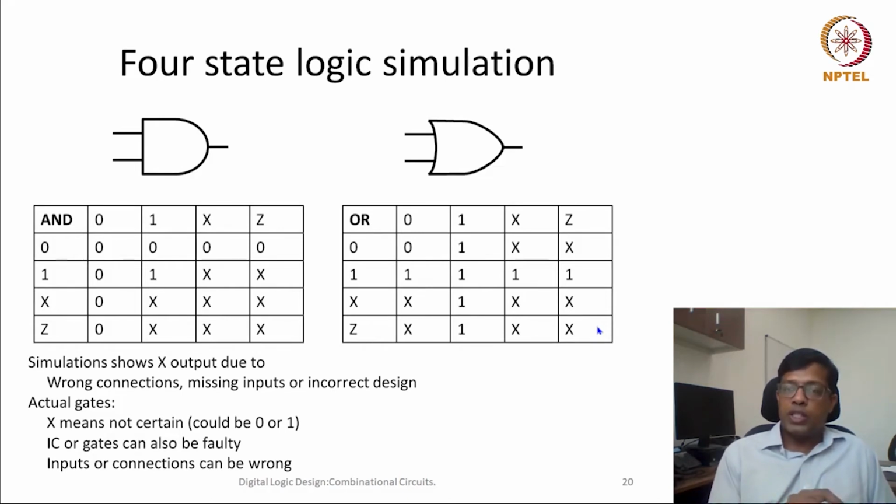Because we don't know whether it is 0 or 1, a large current is drawn from these 2 wires that are getting connected, that are getting short circuited. Okay, so it can lead to faults, it can lead to failure of the whole design.